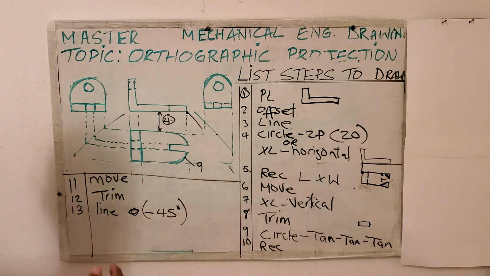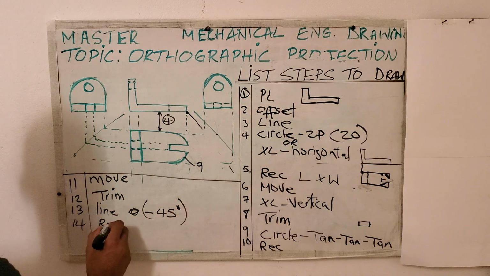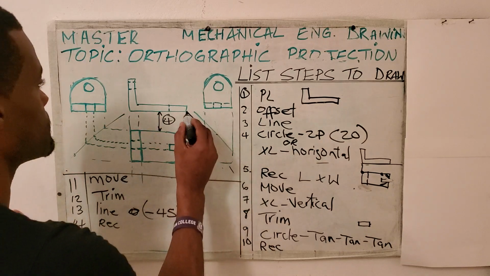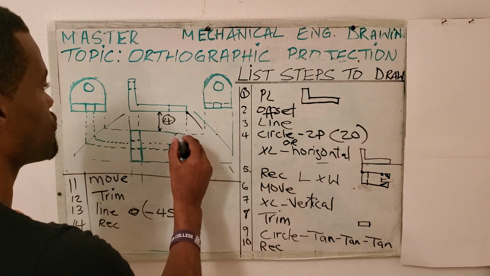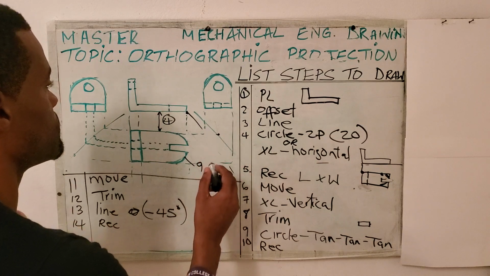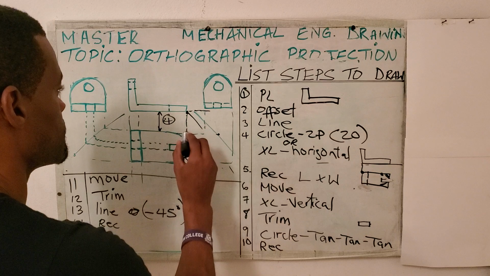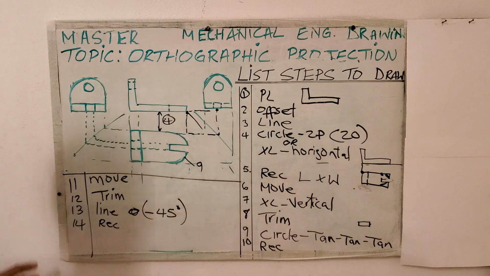So I would use rectangle, and I would click here as my start point, come here and track it from here out to this line to get my first point, and this will generate a rectangle. Right there, and here's my start point.